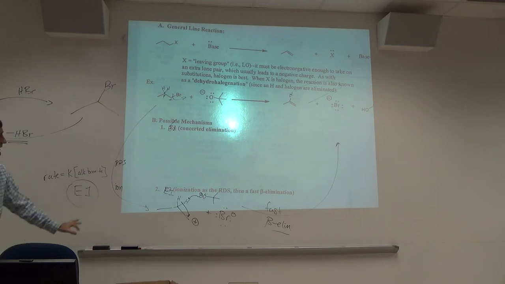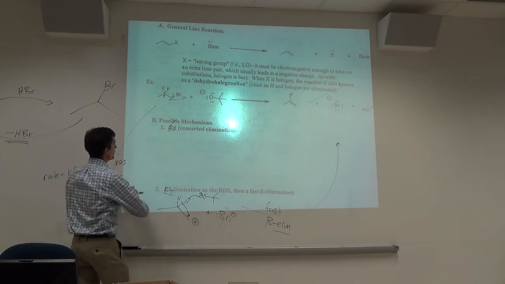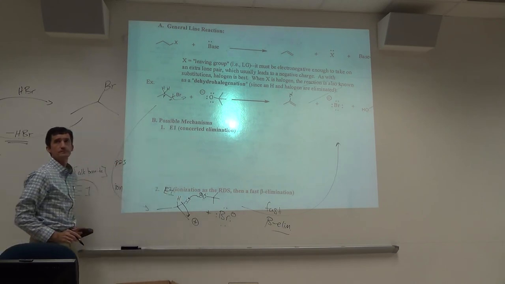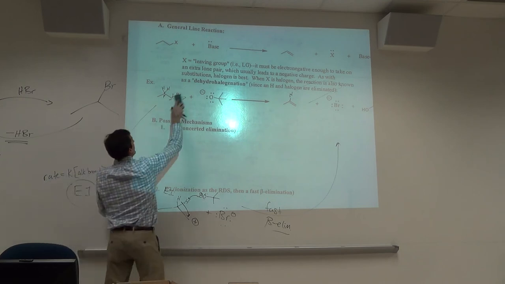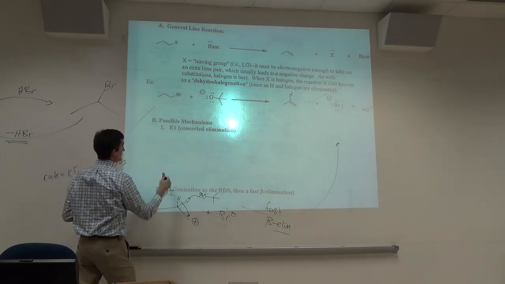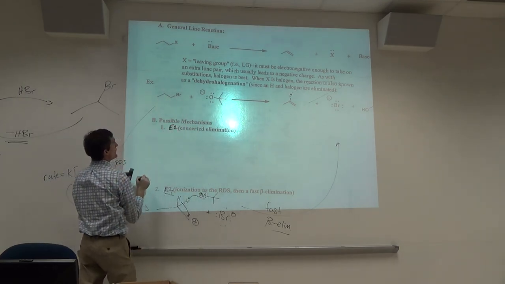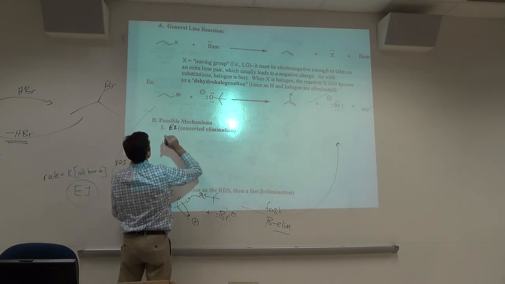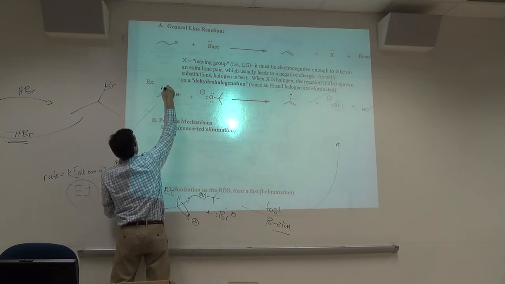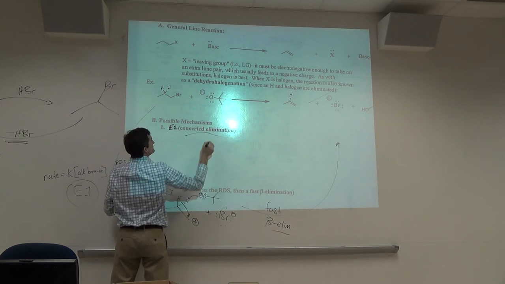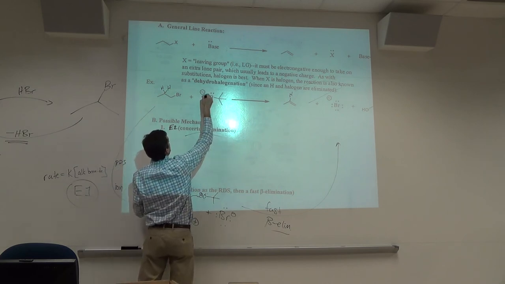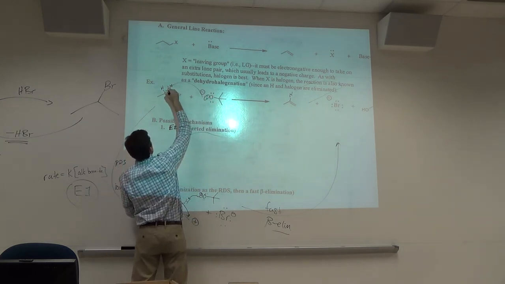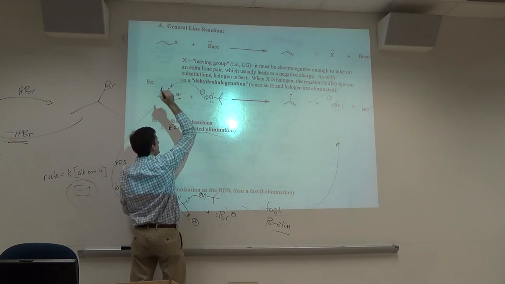Okay, that was E1. What's another way we could show this? E1, this is supposed to be E2, right? Another way we could show this is like this. Concerted. These electrons could take the H, these electrons could move down, and these could be kicked off.